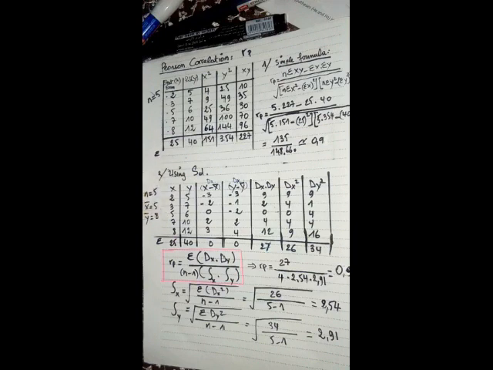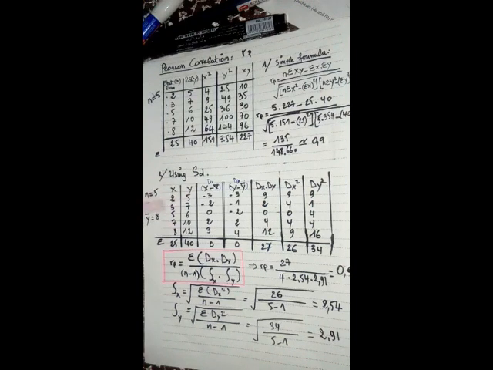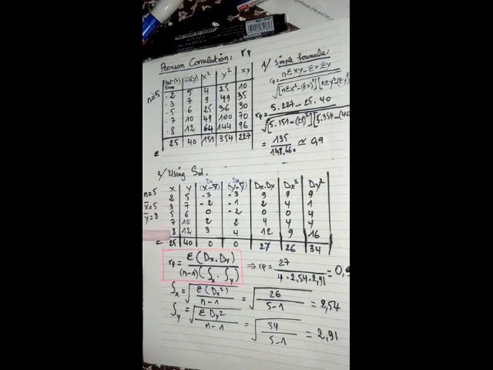So 2 minus 5 equals minus 3, 3 minus 5 equals minus 2, and 5 minus 5 equals 0. 7 minus 5 equals 2, and of course 8 minus 5 equals 3.